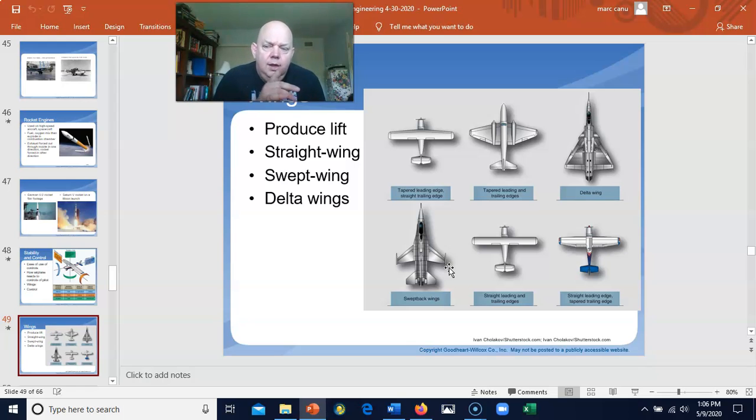Now, a little quick history note. In World War II, in the Pacific, where the U.S. is now in the war, the Japanese had a fighter plane called the Zero, and we had planes like the Wildcat and the Hellcat. The difference was in the design.